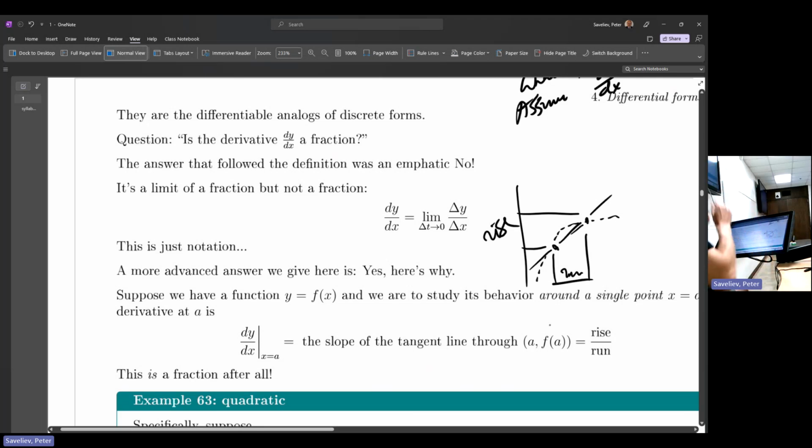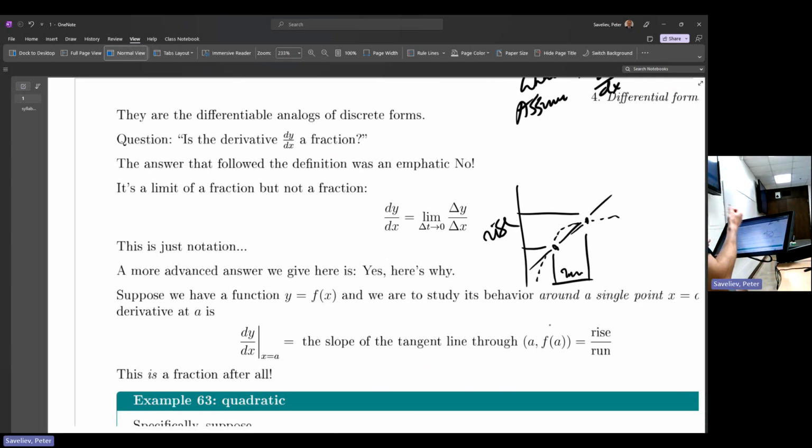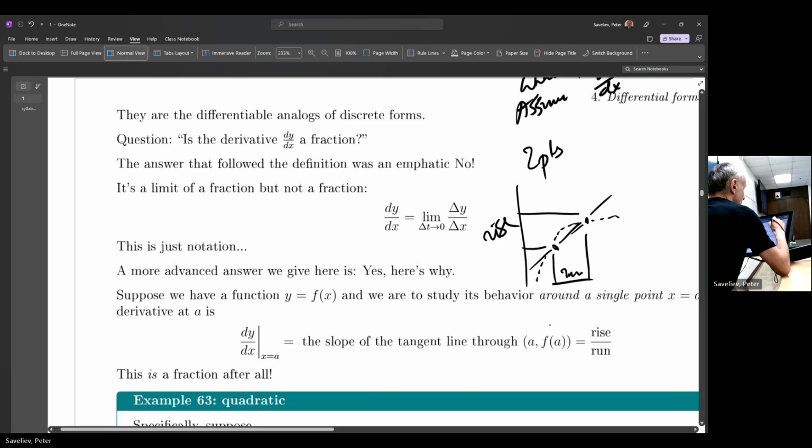So what we do know is that the derivative is the slope of what? Oh, the tangent line, right? This would be called the secant line, and it's very natural: there are two points, and they determine the line, and then its slope.